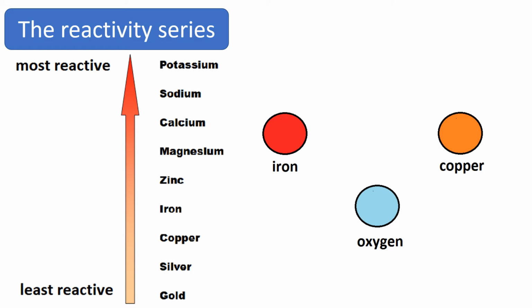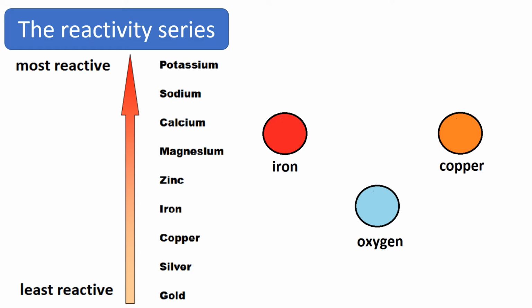So these two metals both are reactive, but which one of them is going to be more reactive and which one is going to react with that oxygen? Is it going to be the iron or is it going to be the copper? Well, hopefully already you've looked at the reactivity series and you've noticed that iron is higher up the reactivity series than copper, and therefore you've realised that iron is more reactive than copper.